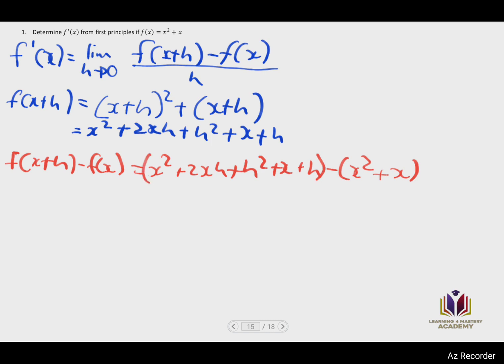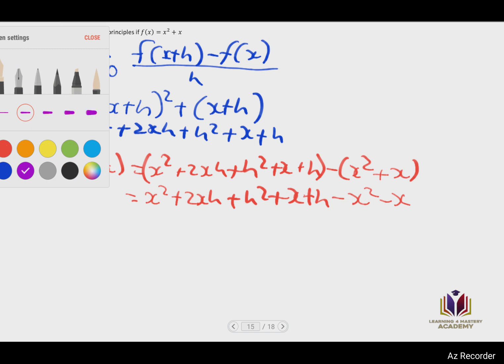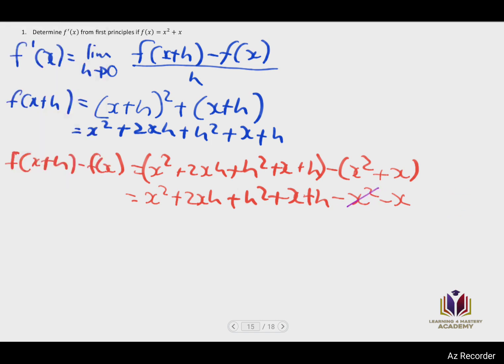Put brackets here as well. Then I get rid of the brackets. I'm going to have x squared plus 2xh plus h squared plus x plus h minus x squared minus, again, x. Okay? And then this will cancel that. My x will cancel that. What are we left with? We're then left with 2xh plus h squared plus h. There we go. This is your numerator, right?